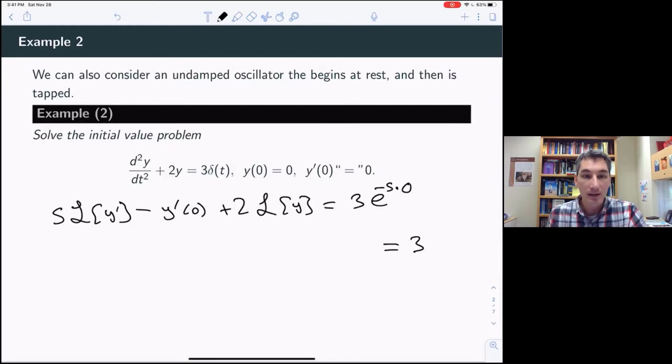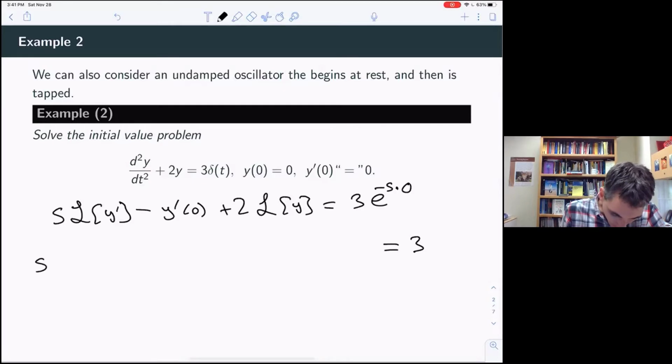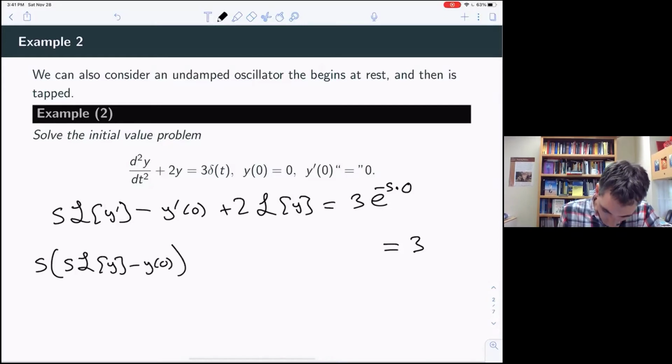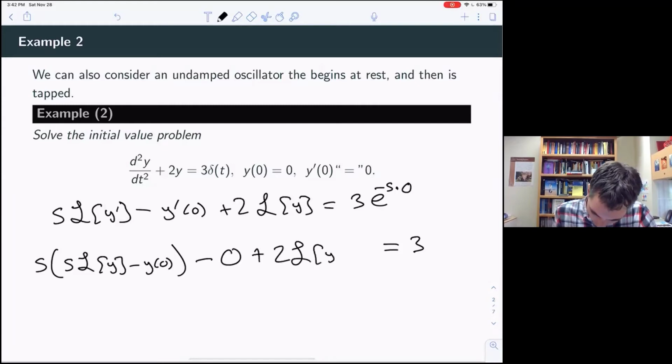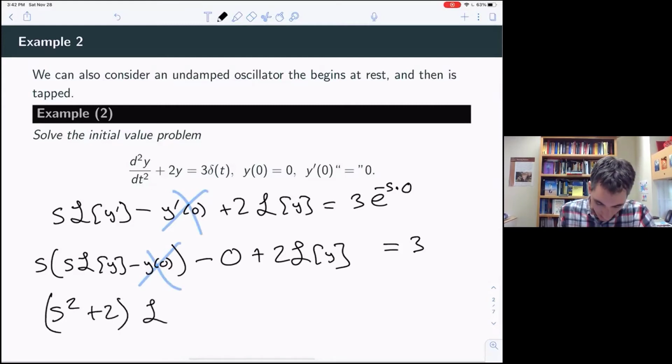Okay, and now we're going to have to continue on the left-hand side. So we'll have s, and then we'll have sL of y minus y of 0. y prime of 0 is 0, and so then we get 2L of y. So y prime of 0 was 0, y of 0 was 0, so those both cancel out, and you just get s squared plus 2 L of y equals 3.